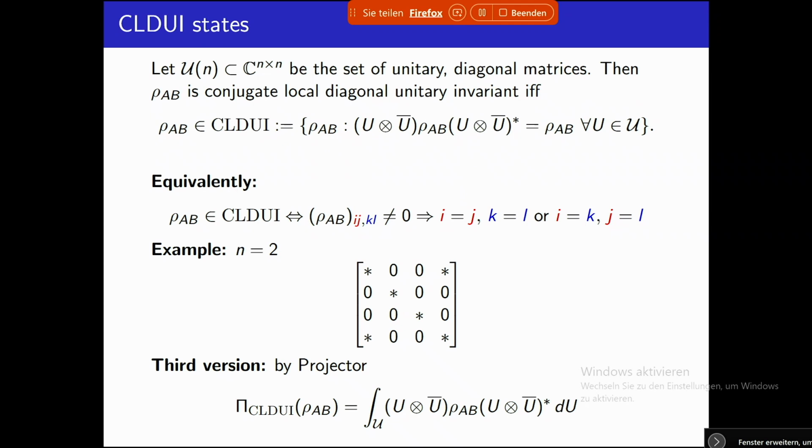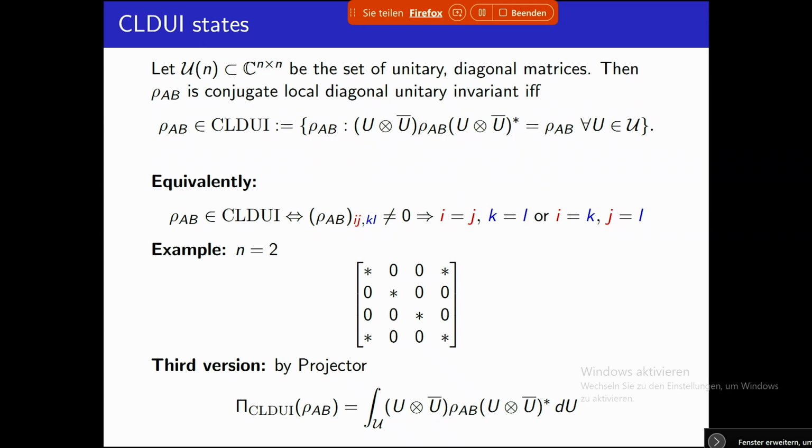And whatever comes out of this operation will then, since it is the group average, be invariant under this action on top here. And I also wanted to remark that if you define the CLDUI set with this invariance property, you can actually restrict yourself to finitely many of those U. And then the corresponding group average would just be a finite sum.